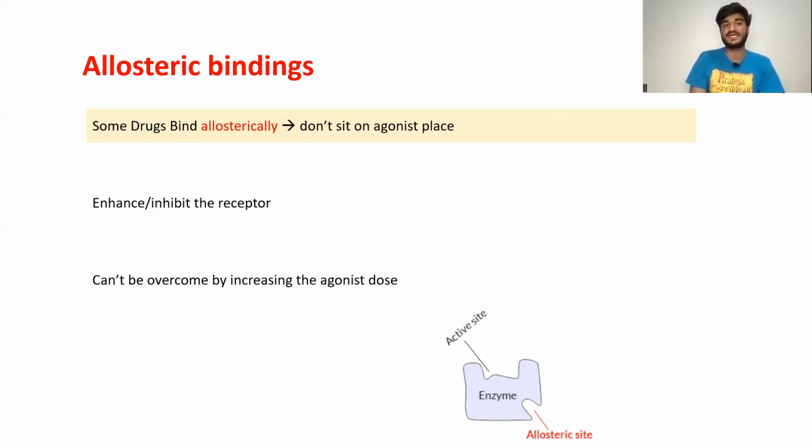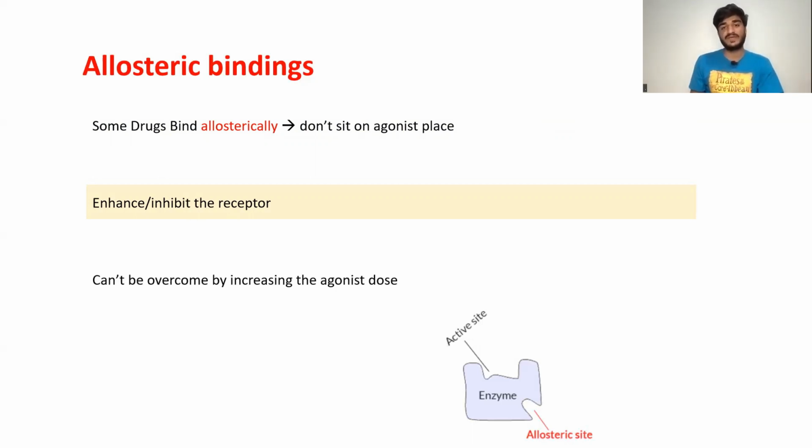That's why we see that allosteric binding occurs, and it can enhance or inhibit the receptors. If it is an agonist, it can increase the activity of the enzymes, receptors, or other regulatory proteins, or if it is an antagonist, it can decrease the activity of the receptors or the enzymes as well.